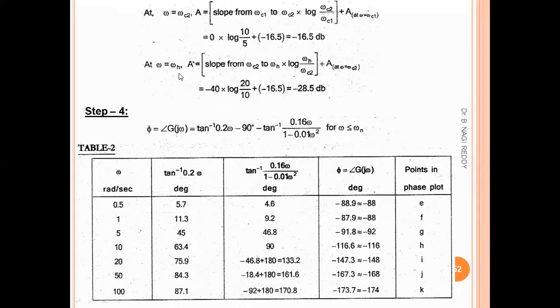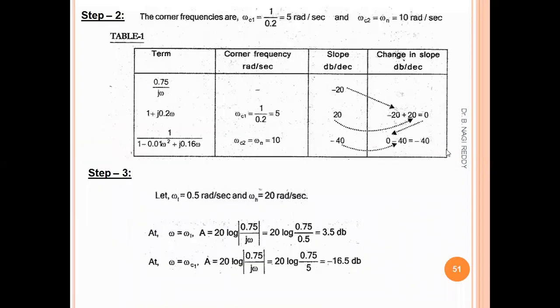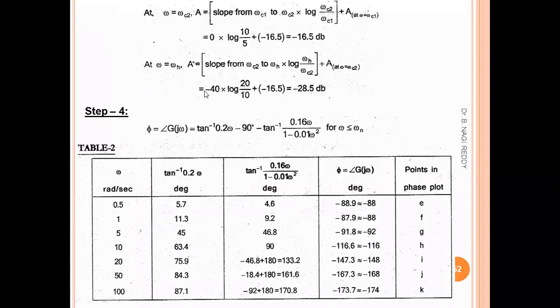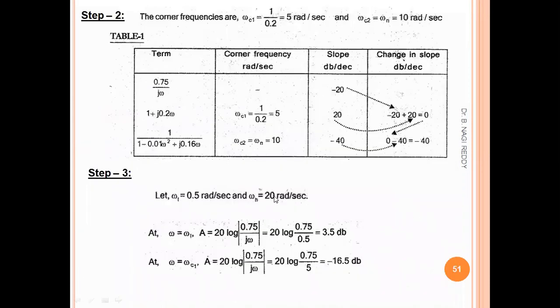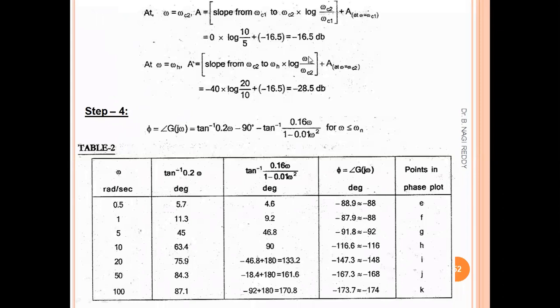And at omega is equal to omega h, the change in slope, look at the table 1 here, the change in slope is minus 40. So minus 40 into log omega h by omega C2. That means omega h we have considered as 20, omega C2 is 10. So substitute here 20 by 10. So minus 40 log 20 by 10.